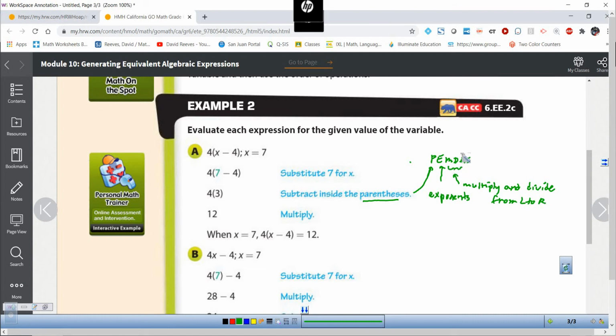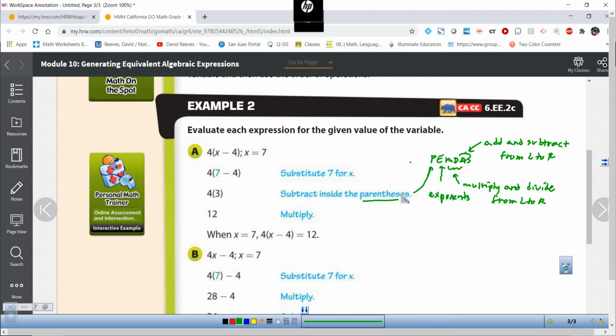Sometimes multiplication comes before division. All right, and finally, A and S stands for addition and subtraction. So we're going to add and subtract. But this, just like multiplication and division, we also do from left to right.